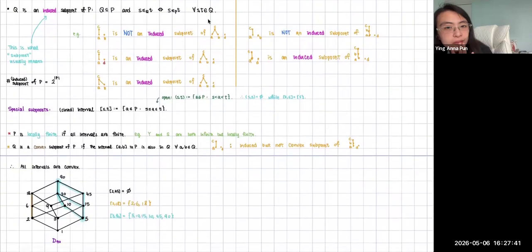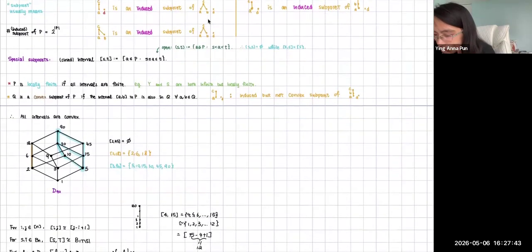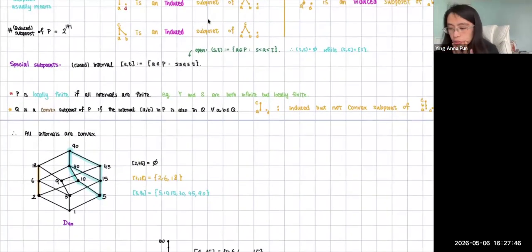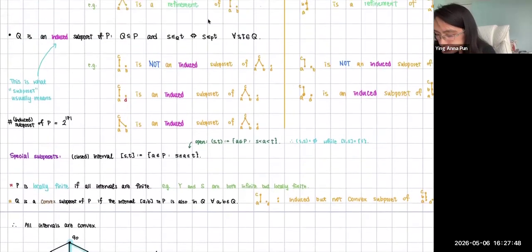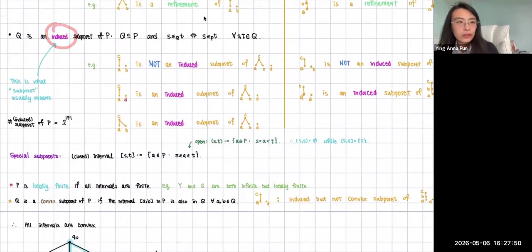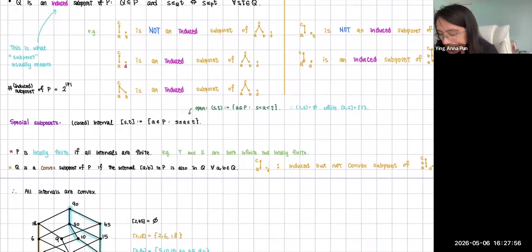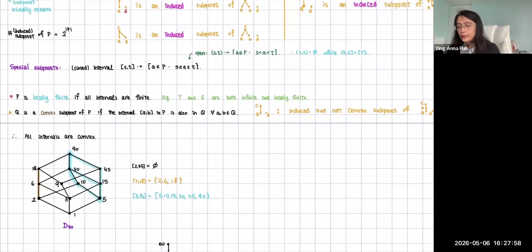All right. So we are talking about the subposet. We talked about the induced subposet. Basically, it's just the induced graph. And then afterwards, we used that idea to talk about a very special induced subposet called the interval.